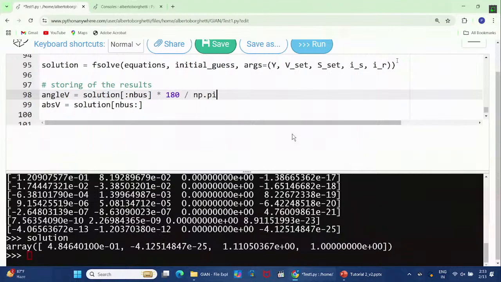We can also put a nice print. It is not so important.